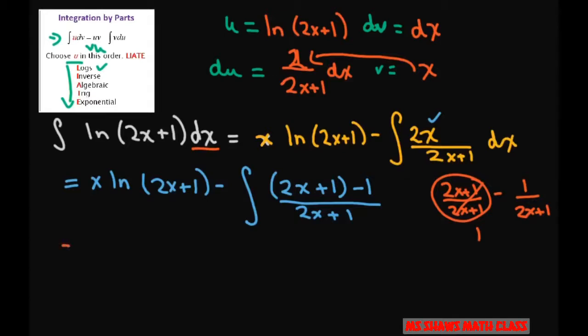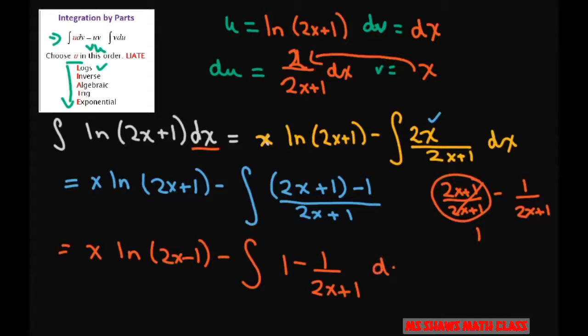So let's continue on. We have x times ln of 2x plus 1 minus the integral of 1 minus 1 divided by 2x plus 1. We still have our dx here. All right, so now it's a lot easier to do the antiderivative of that.